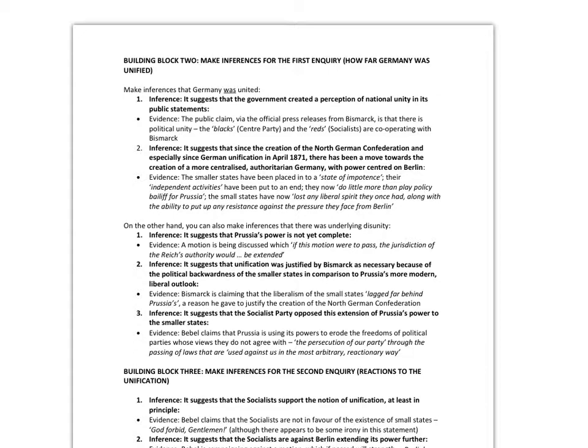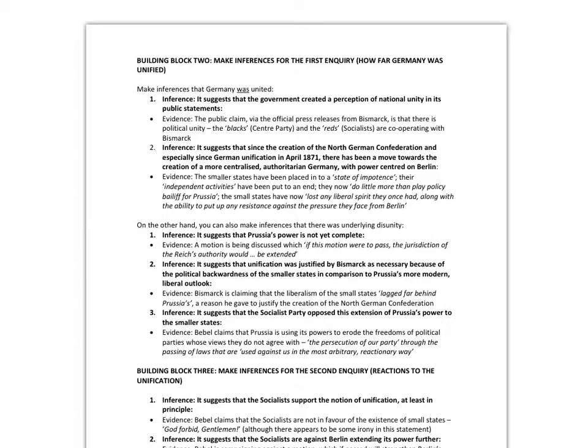Remember how on the source I annotated for building block 2, the first inquiry, how far Germany was unified. I underlined all of those in blue. So you're picking up those blue underlinings, and you'll see that I've listed them there as evidence. And from those blue underlinings, you're making inferences.